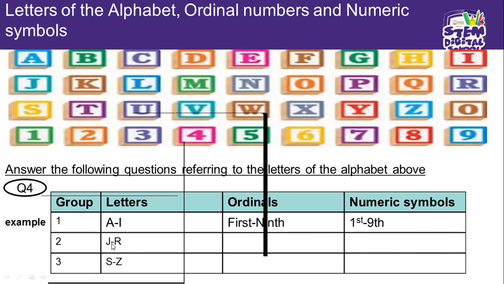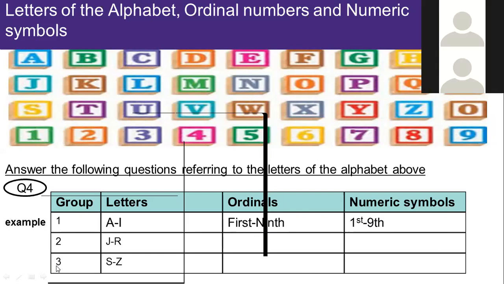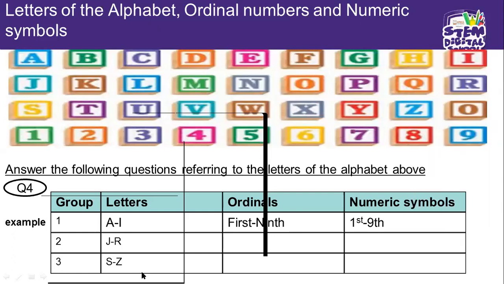So now, we've done 1 for you. So we go to number 2. For number 2, you look at J up to R. There is our J and there is our R. So you're going to count from which number? We ended up there with 9.